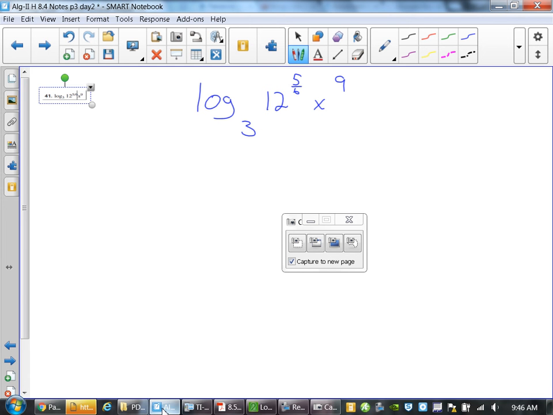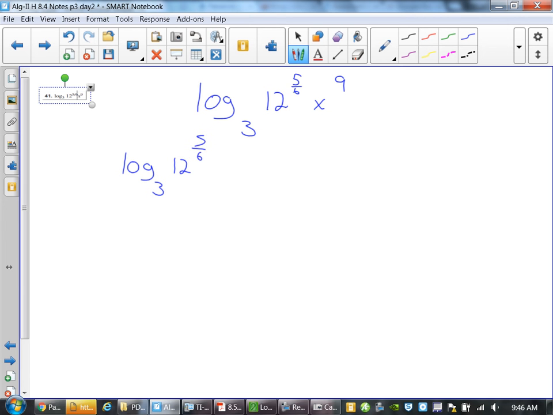So again, what we can do is start splitting it apart. You'll probably pick up pretty quick that you can shortcut some of the stuff without so much of a hassle. I'm gonna get log base 3 of 12 to the 5/6, log base 3 of x to the 9th.